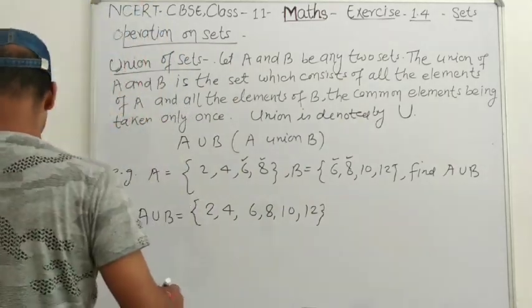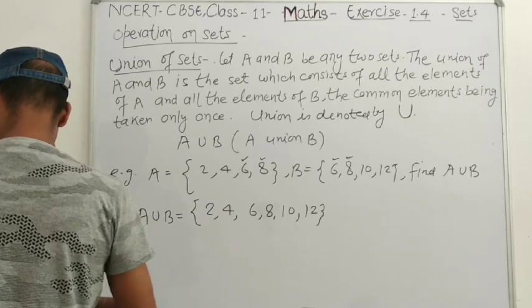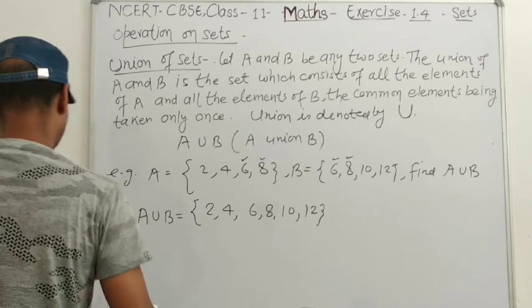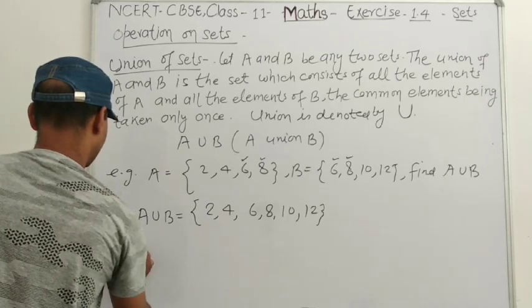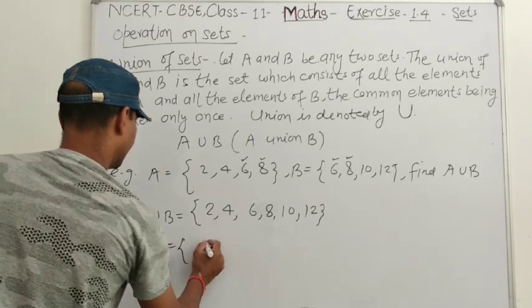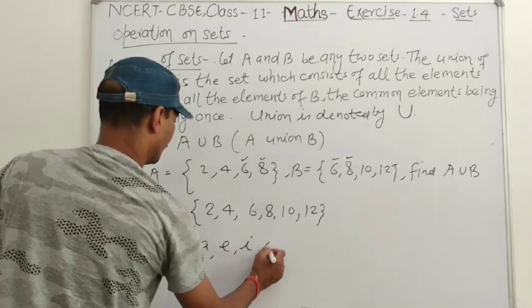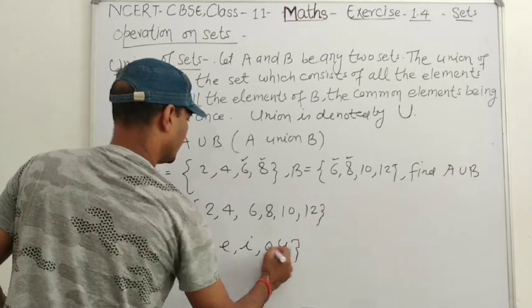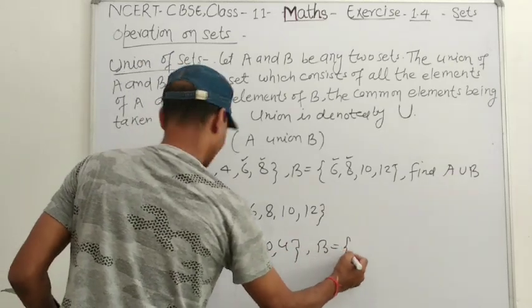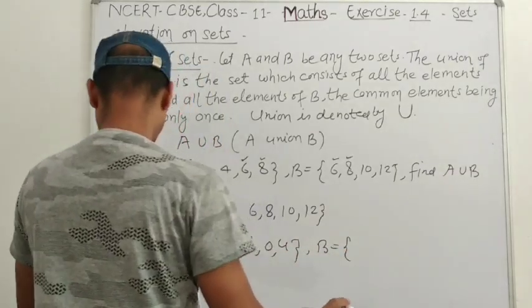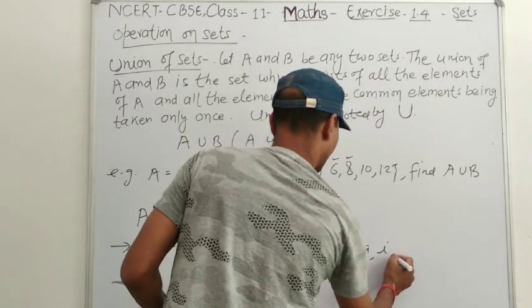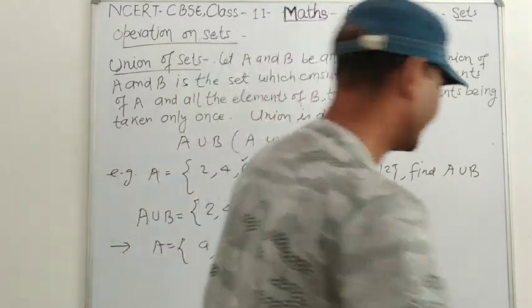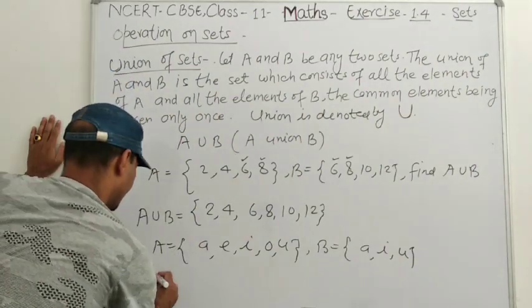Like second example, example 13 given here. Suppose set A is given here {A, E, I, O, U} and set B is {A, I, U}. Find A union B. So what becomes A union B here?